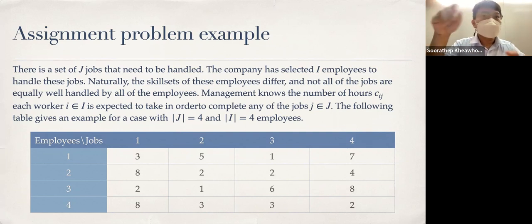Because if that employee doesn't take the job, it is multiplied by 0, so it becomes 0. Okay, you got the point? No, not yet. Okay, I will write it down.